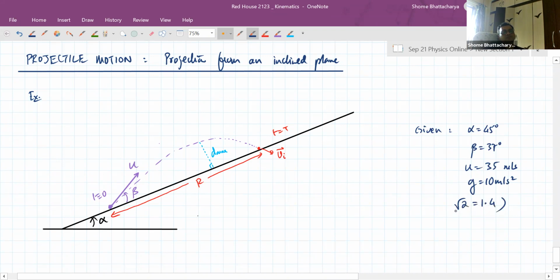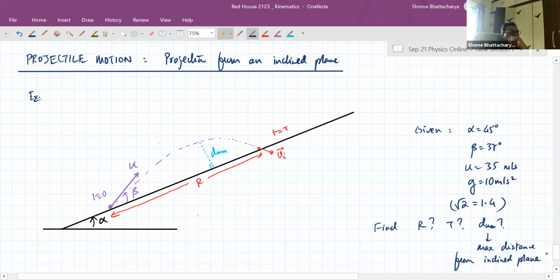That is, we have to take it rounded off up to first place of decimal. Now we want to find out the value of this range, this time when it hits the inclined plane, and this, which is basically the maximum distance from the inclined plane. All these things we want to calculate.